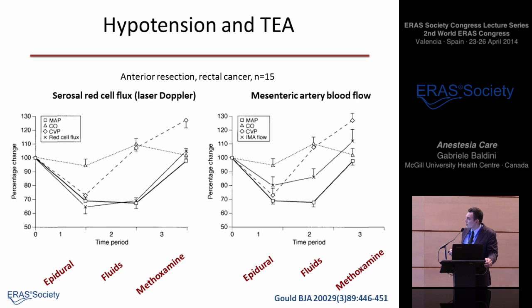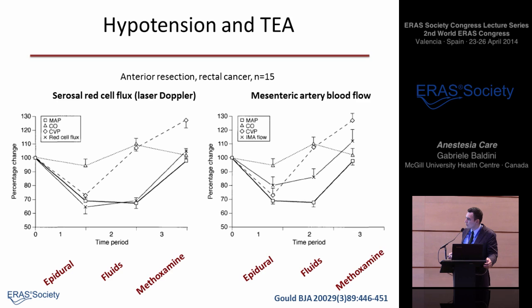And you can see here they measured MAP, cardiac output, CVP, and bowel flow. When the anesthetist loaded the epidural, cardiac output and bowel perfusion reduced, as well as MAP. They gave fluids. CVP, of course, increased, but bowel perfusion did not increase. There was a mild increase in cardiac output.